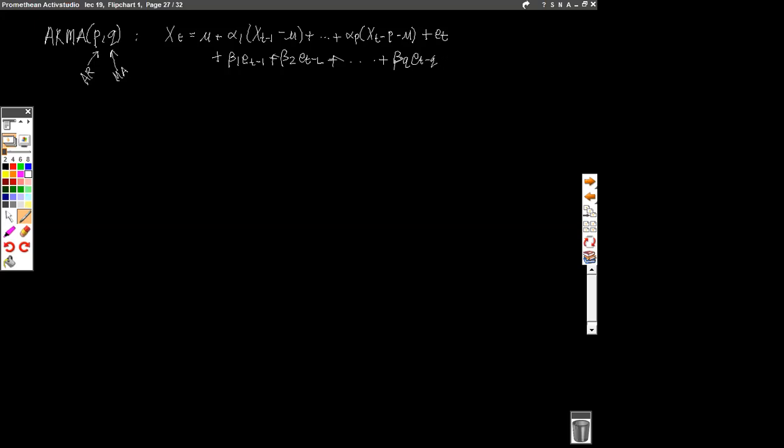And again, you can use the backward shift operator to rewrite this model as something like this. I will take all of these x values on the left hand side and keep the other values on the right hand side. So I'll get something in the bracket, and here I'm assuming x_t minus mu again.